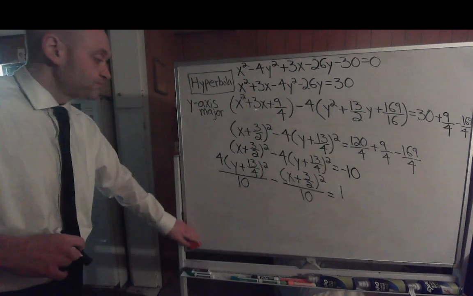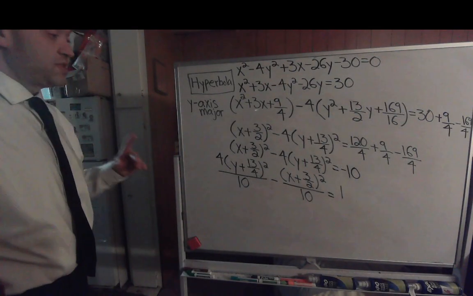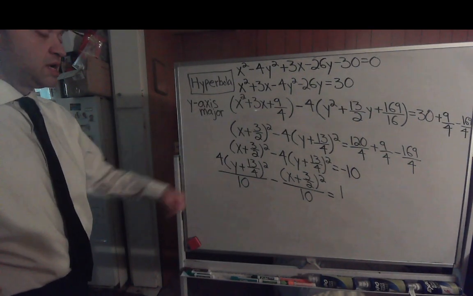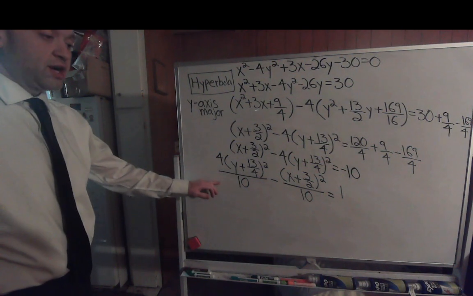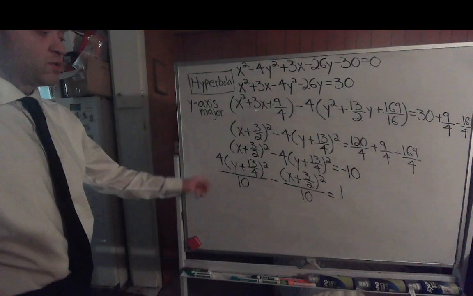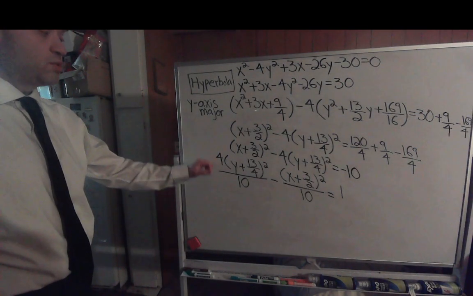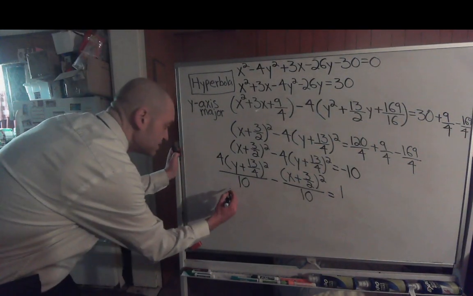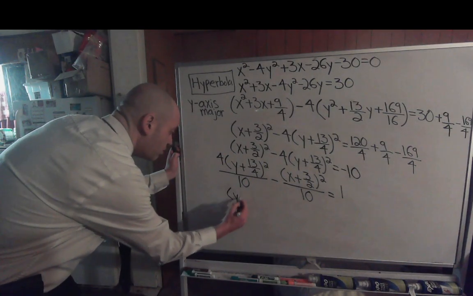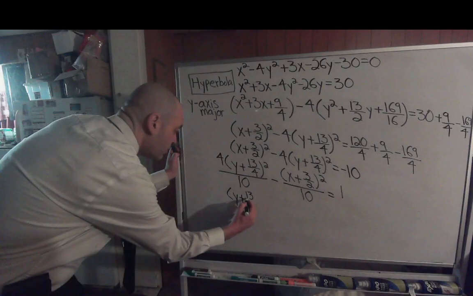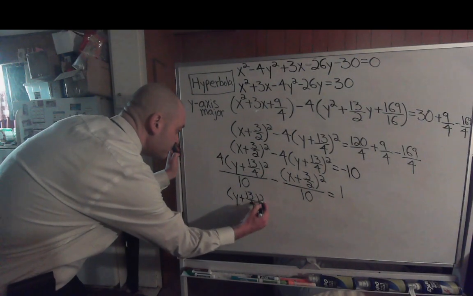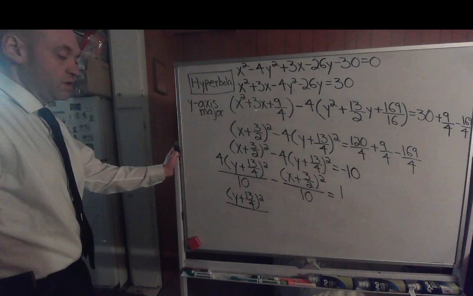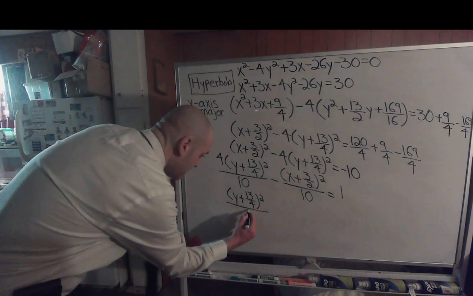All right, so the only thing left to do now is simplify this first term. So we have to divide both numerator and denominator by 4 in order to make this a similar expression, but with a coefficient of 1 in the denominator. So this would simplify into y plus 13/4 squared all over, now we have 10 divided by 4, which would be 5/2.